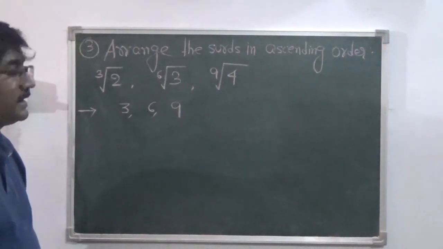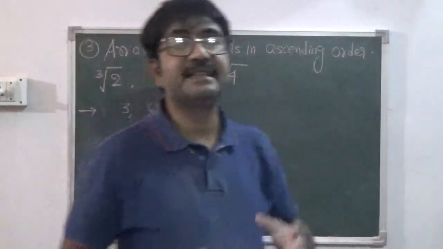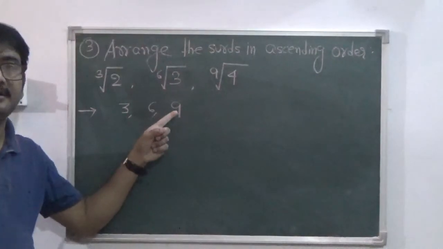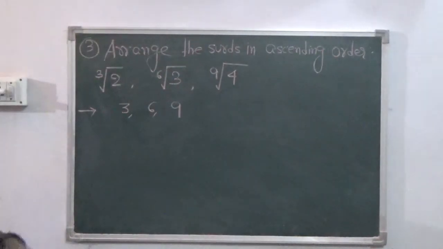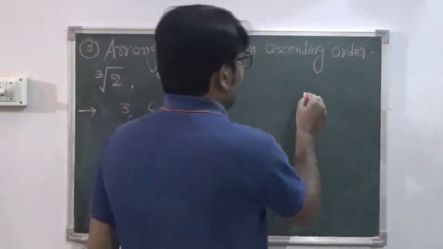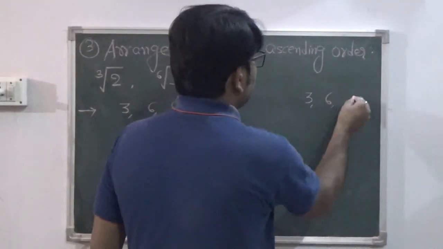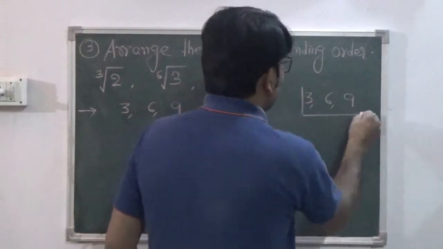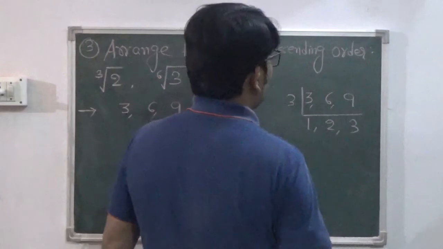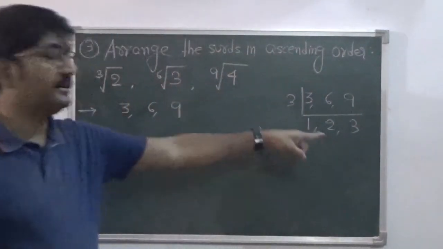So we have to take the LCM of these three numbers, 3, 6 and 9. What is the LCM of 3, 6 and 9? Let us find out. Obviously it is 9. So 3, 1, 3, 2, 3, 3. So 3 into 3, 9 into 2, 18.